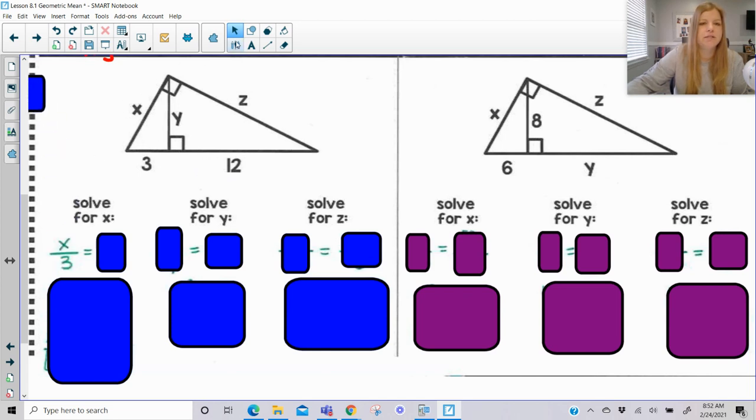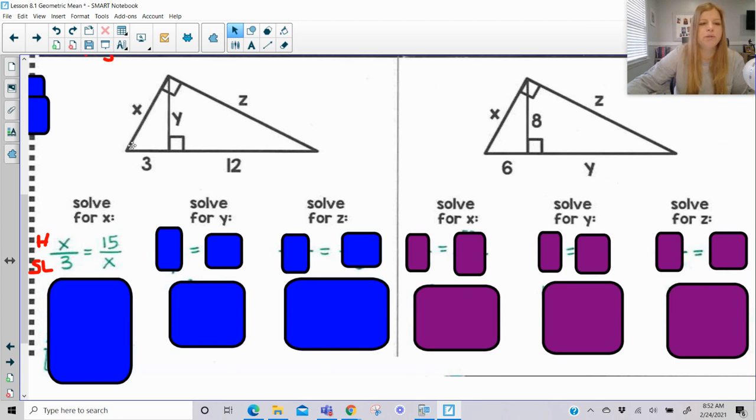So I'm going to set up a proportion and I'm going to do hypotenuse over short leg, then I would also be able to say, well, X over 3 is equal to 15, the entire hypotenuse of the big triangle over that same short leg, X. So notice I'm using X in common here.